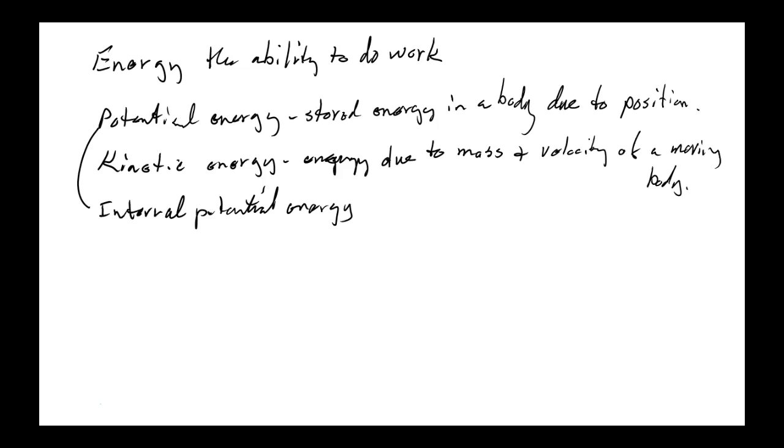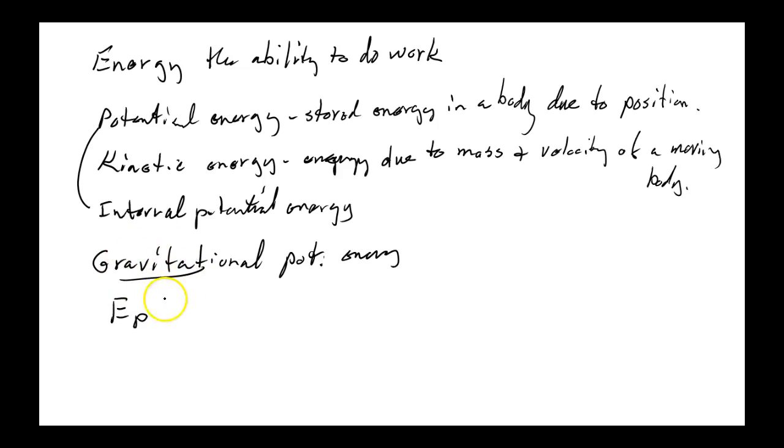The one we were talking about with Trish's foot was called gravitational potential energy, because that had to do with how high you were in a gravitational field. I like to call it GPE. This book calls it E sub P, where E sub P is potential energy, but it's talking about gravitational potential energy.